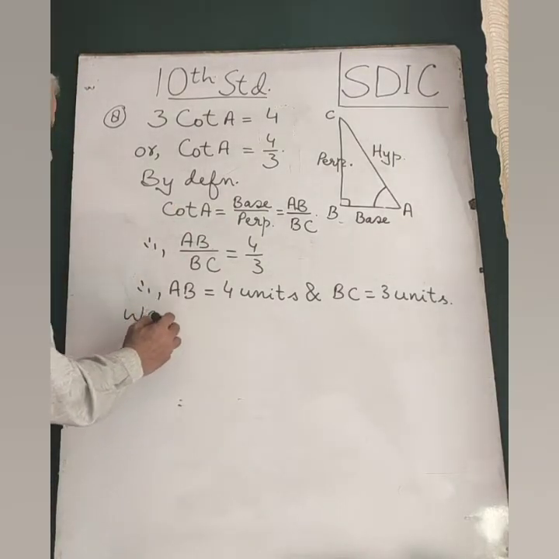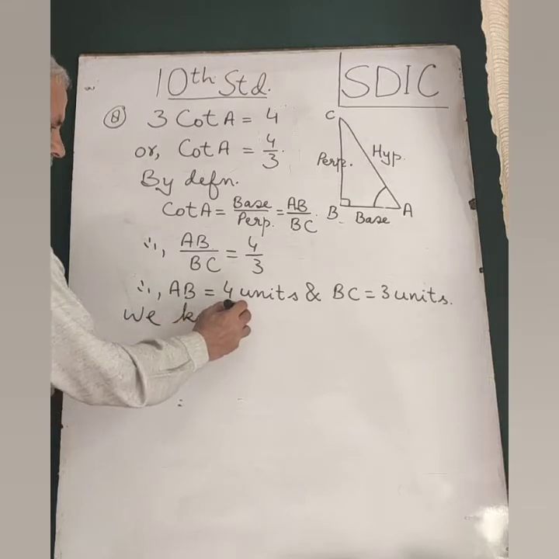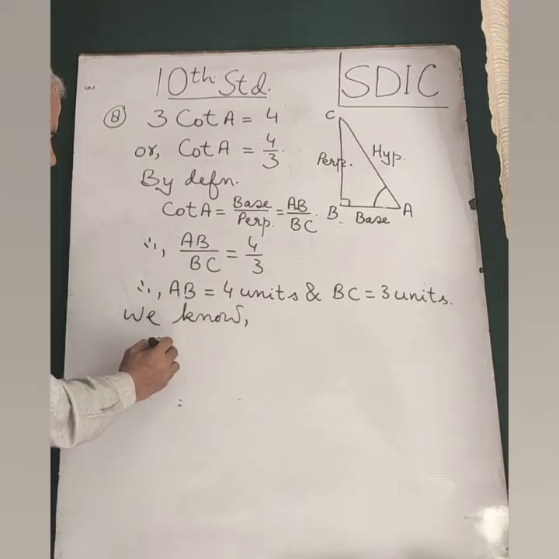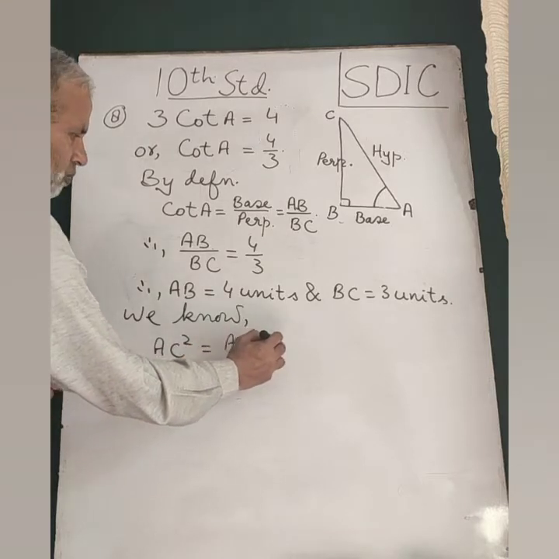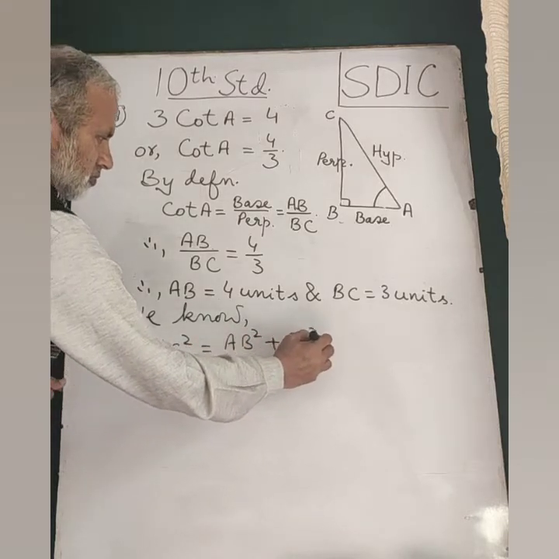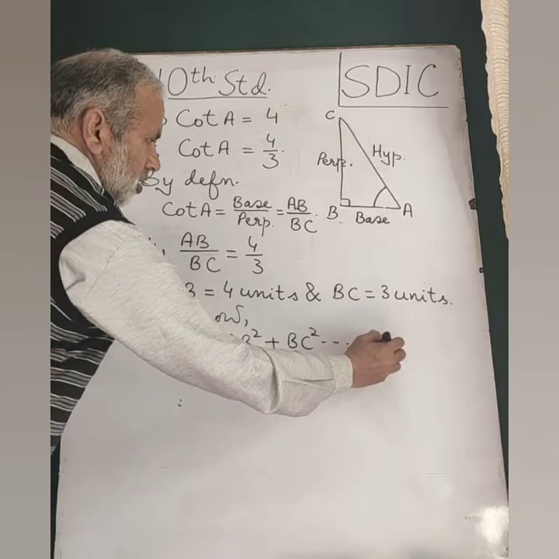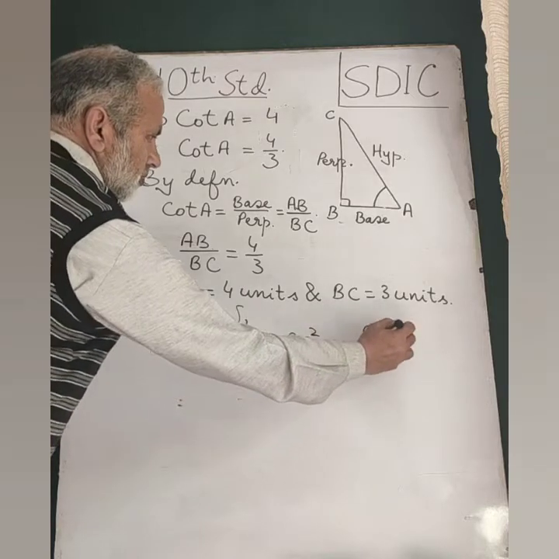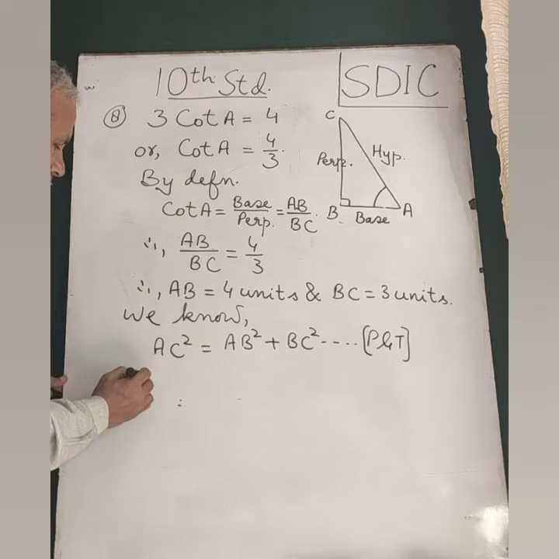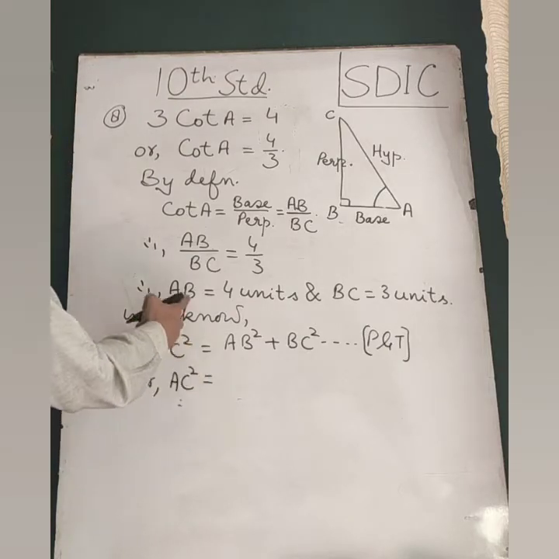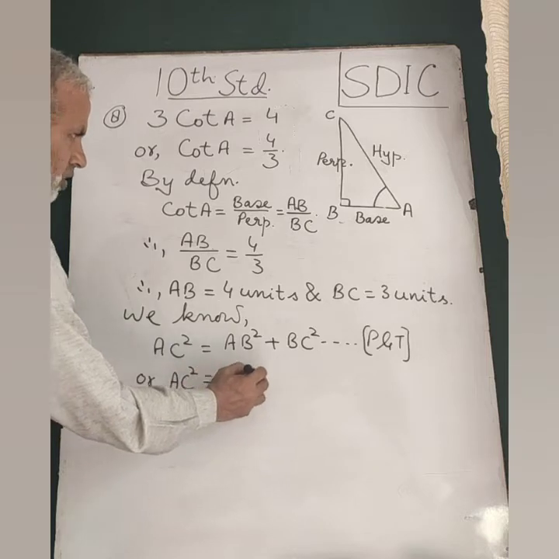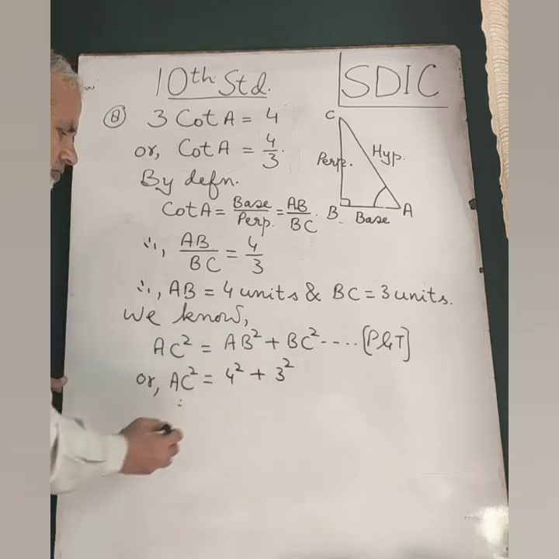Let us use and find. We know AC square is equal to AB square plus BC square. This is Pythagoras' theorem. Put the values. AC square is equal to square of 4 plus square of 3.